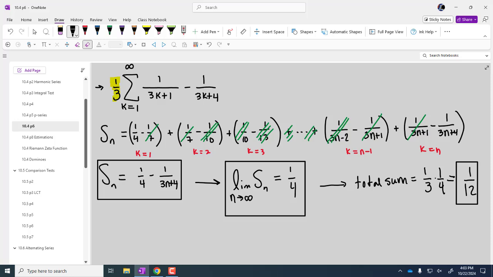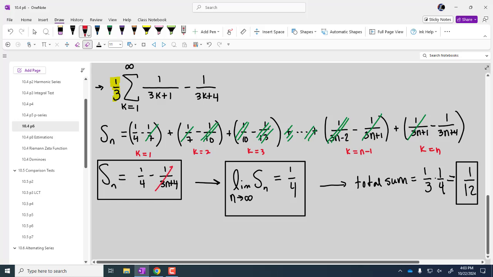Then we take the limit, and we have convergence. That's our total sum, because 1 over infinity is 0. So this goes to 0 here, and that's why you only have 1/4. And we just left the 1/3, we left the constant out. The constant could have been something like a stupid number. Just leave it as that.